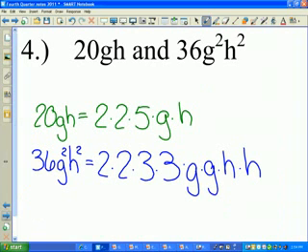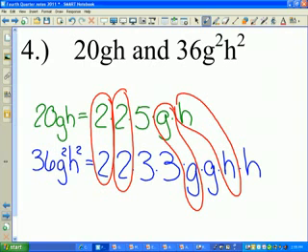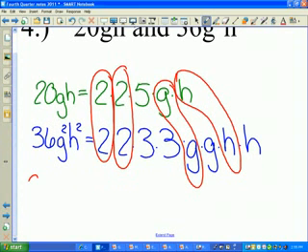What do they have in common? So what they have in common are this group of 2, another group of 2, a group of G's, and a group of H's. Now, I didn't say it was going to be pretty, but what is my greatest common factor?